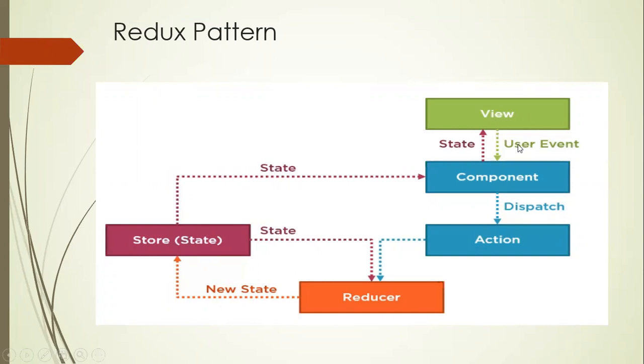Whenever a user event happens in the view, data is sent to the component, and this component is going to dispatch or trigger, dispatching meaning executing, an action. Based on the action, your state will get modified using the reducer, and the updated state will update in the component and from there to the view. I know it's a little tricky flow. I'll come back to this again.